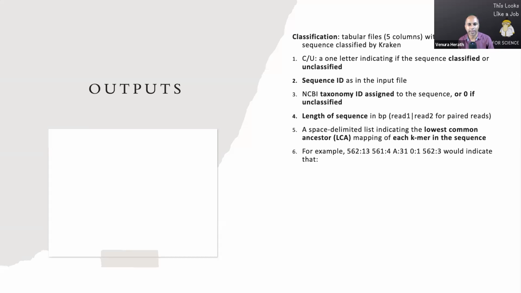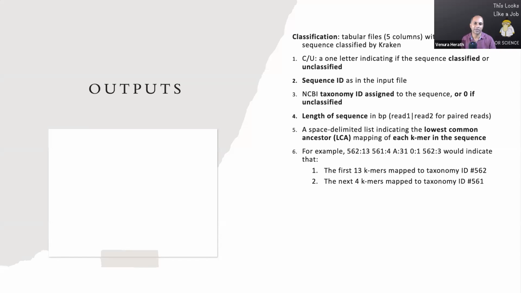To give you an example, if it says 562:13 561:4 A:31, it indicates that the first 13 k-mers were mapped to taxonomic ID 562. The next 4 mapped to taxonomic ID 561. And the A:31 means the ambiguous ones.